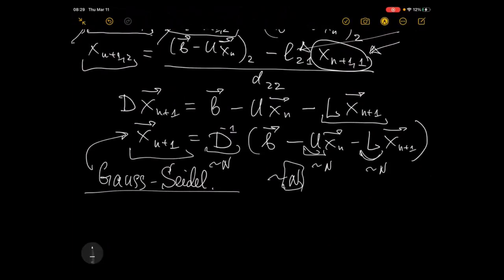Let us make a step in the direction of the Gauss-Seidel method, but let us try to overshoot, to go a little bit further in the direction of this step for the next approximation, so that we probably will get a little bit faster to the solution.